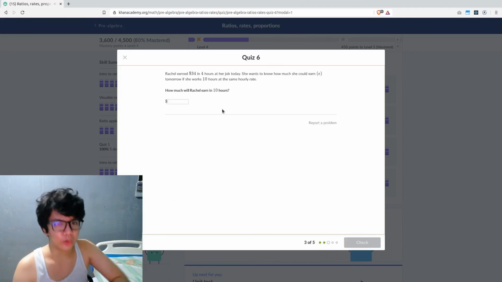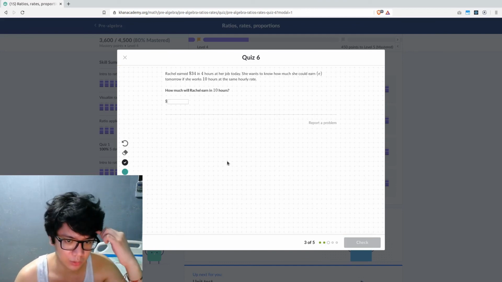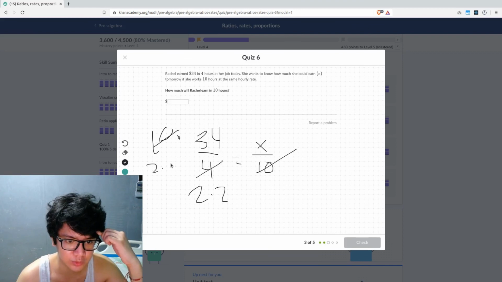Rachel earned $34 in 4 hours. Show how much you could earn tomorrow if you work for 10 hours at the same hourly rate. Okay, cool. So you want to know how much you earn in 10 hours. And in 4 hours, you actually earn $34. So I can multiply this by 10, and then cancel common factors.